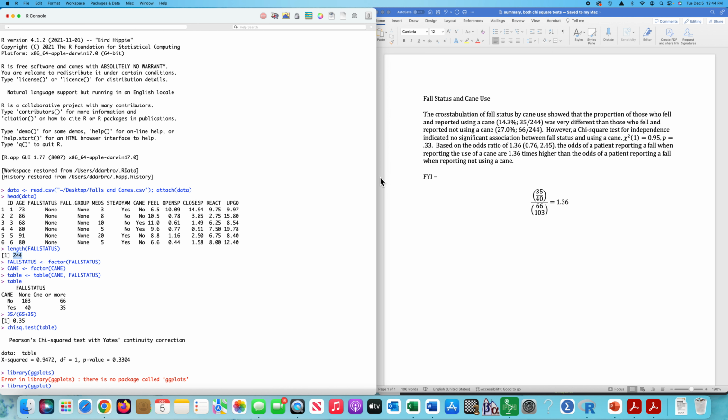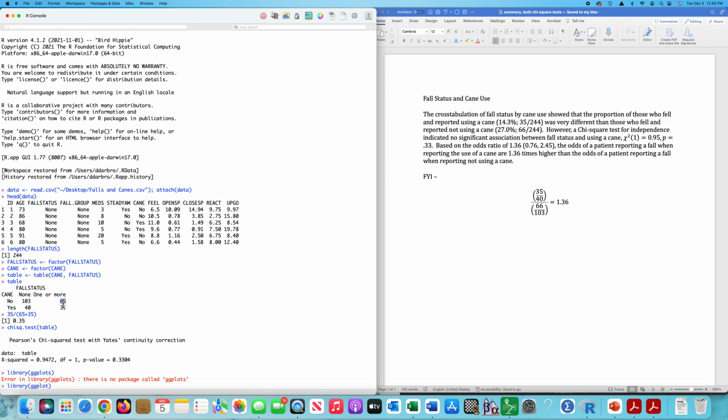That turns out to be quite different from those who reported a fall and did not report using a cane. It's almost double, not quite, but almost double.